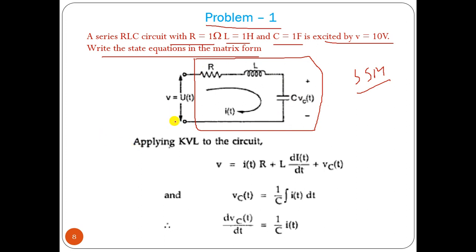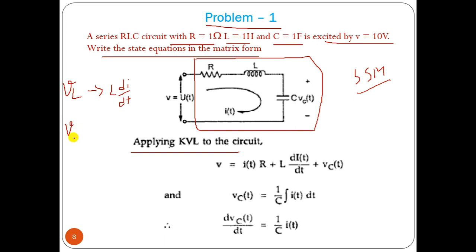So in this particular circuit, we can write a KVL across this loop. So V equals i into R, plus L di/dt, plus VC(t). The voltage drop across the inductor we can write as L di/dt, that is VL.